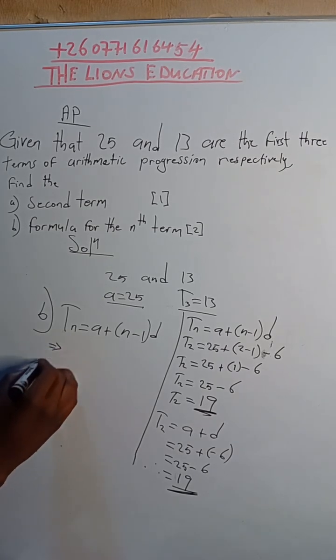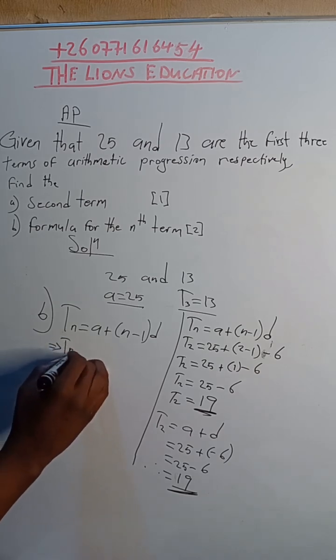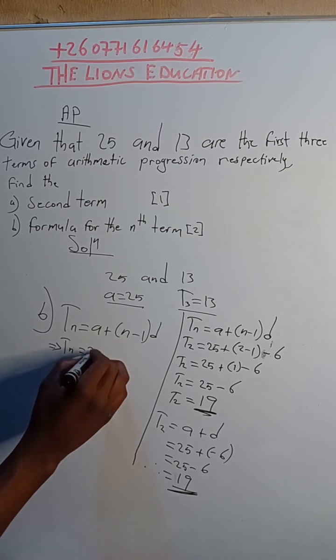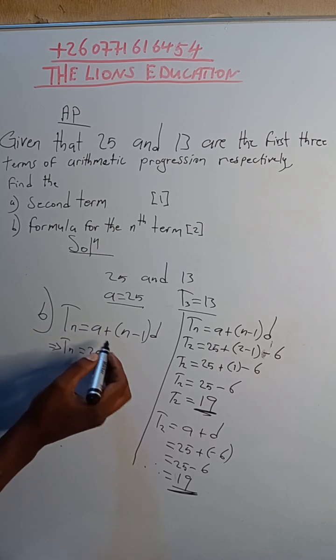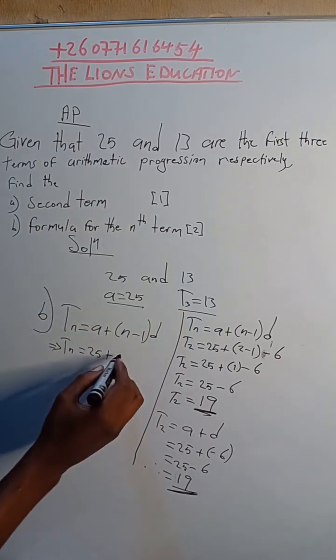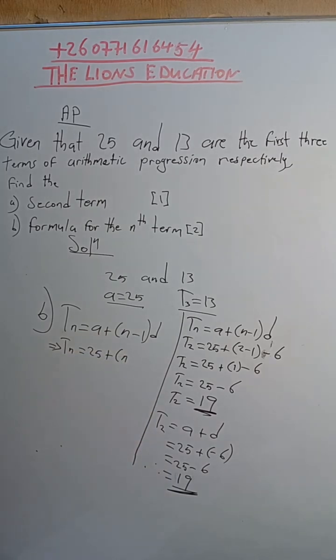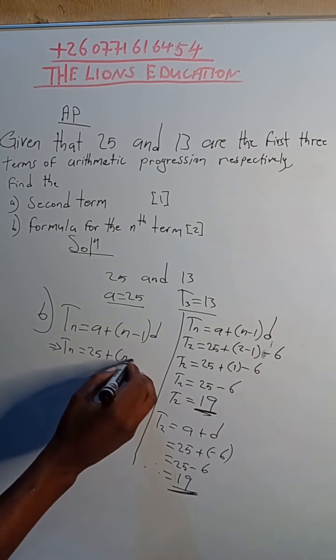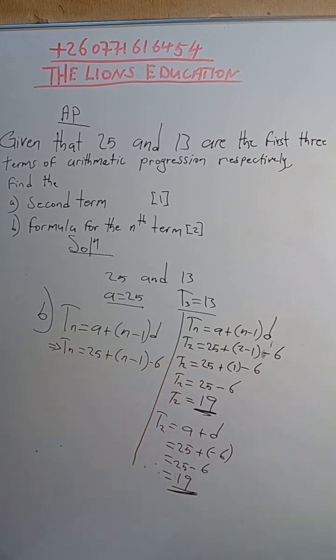This symbol means implies. Tn is equal to 25 plus, because A is 25. The first term is 25. We find it in the question there. All right, then open bracket, n, we don't put anything there because we're finding the formula, minus 1. The common difference is the same, negative 6.